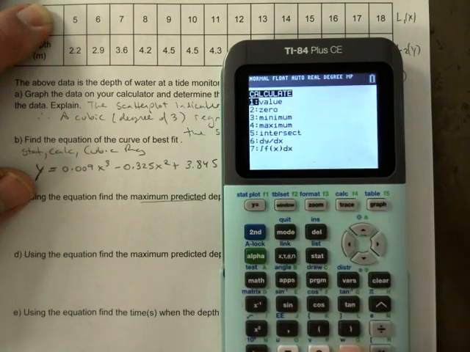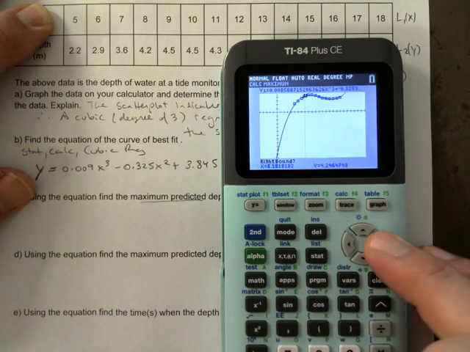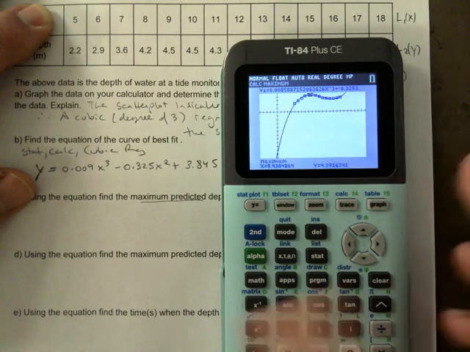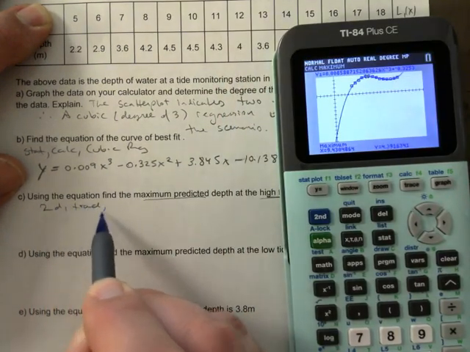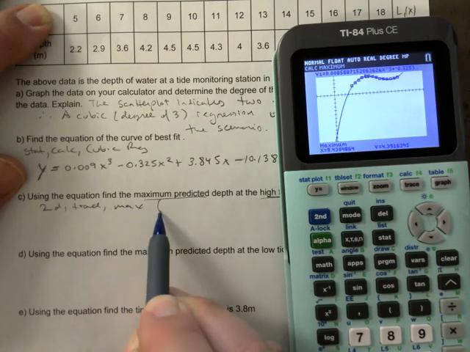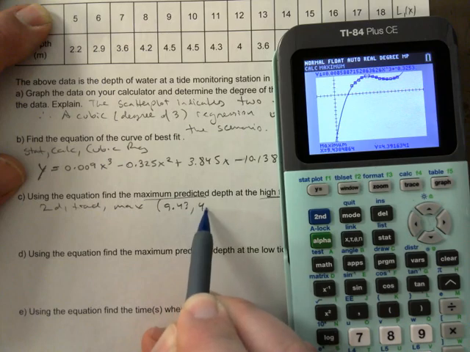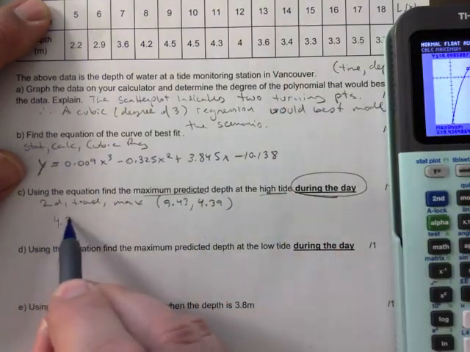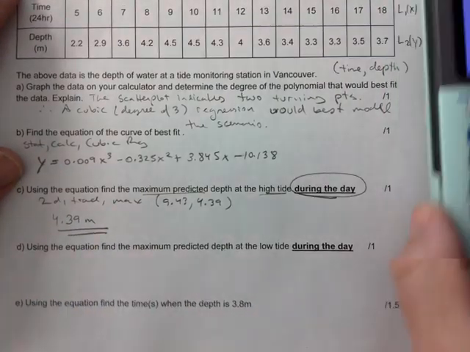So second trace max, right? And I will focus in on that little cap there. And so I go second trace max, and the point I'm getting is 9.43, and then it's 4.39, right? So 4.39 meters is the answer there.